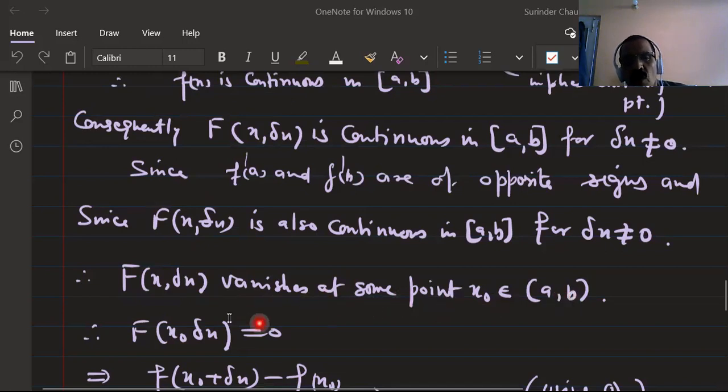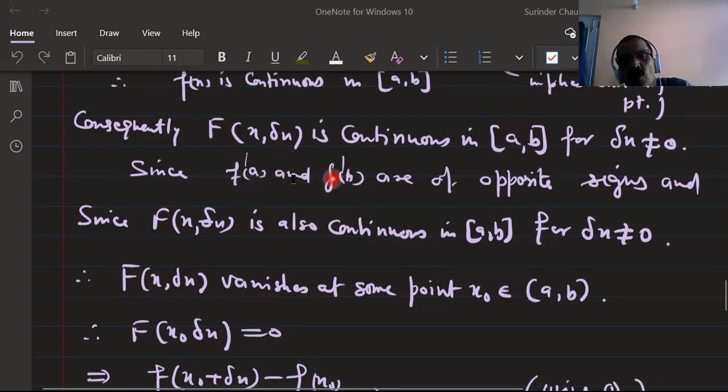Got this point? How is this possible? Now f is continuous on the interval from a to b. So f dash a and f dash b are real numbers, and if x belongs to this interval, then all the real numbers between f dash a and f dash b exist.